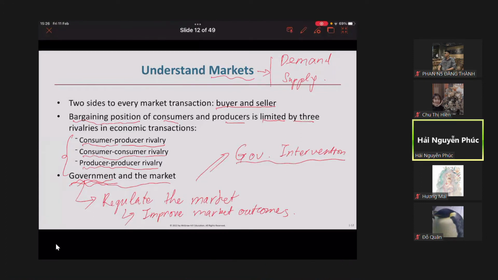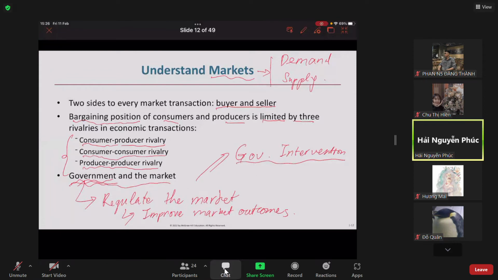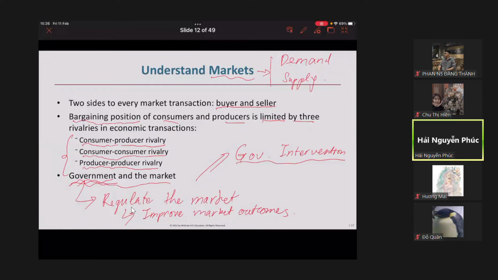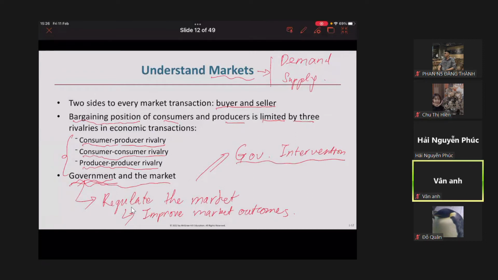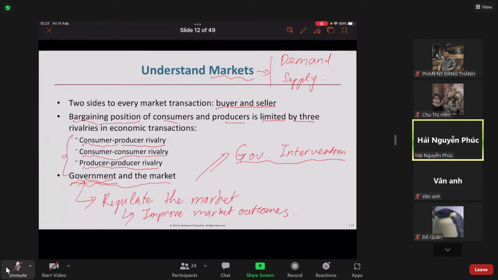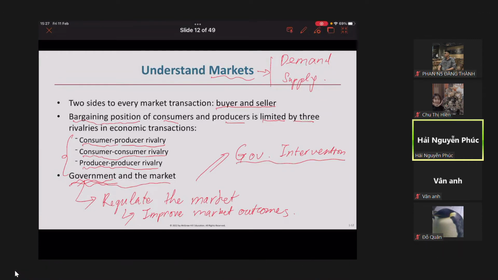I ask you, what kind of policy did the Vietnamese government employ to regulate the market for gasoline?